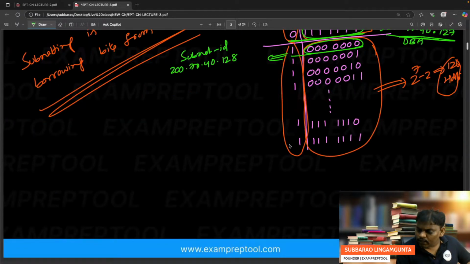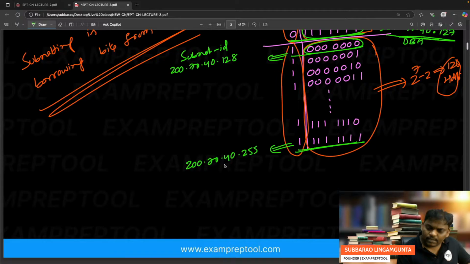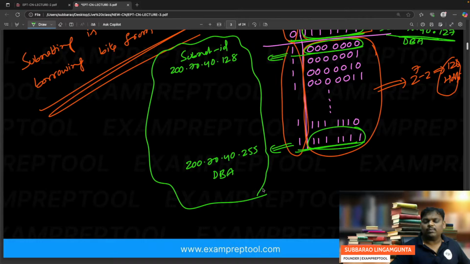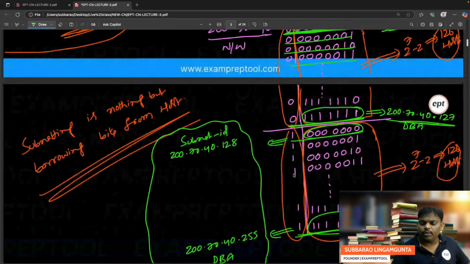Now this one, 200.70.40, what is the answer? This total you see 255. It is the subnet DBA, direct broadcast address. Host part all ones is DBA, host part all zeros is subnet ID. So remember, you have 2 subnets, above subnet and below subnet.